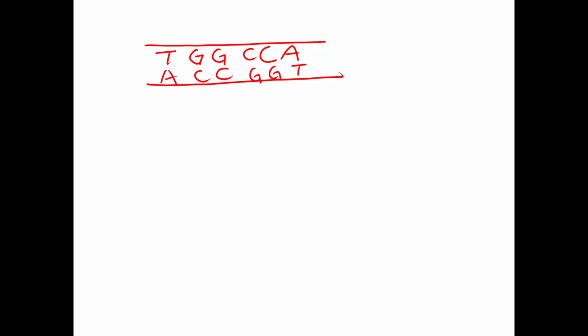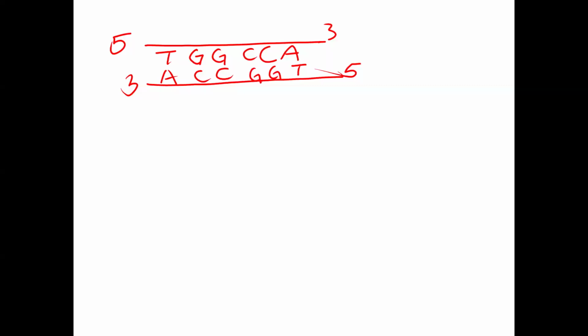And of course, we know that this is your 5' and this is your 3', and they're going anti-parallel. Take another look at it. This is my palindromic sequence.